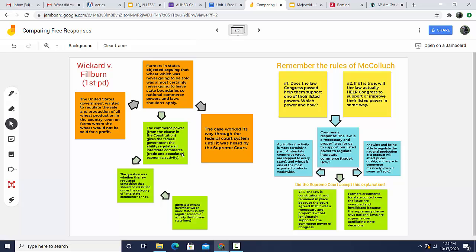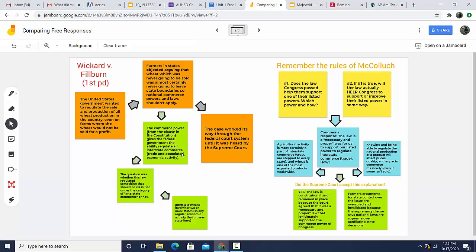So, in this case, Congress's response was, hey, this law that we passed, right, to regulate the sale and production of wheat in the United States is a necessary and proper way for us to support our listed power to regulate interstate commerce. How? Well, agricultural activity is most certainly a part of interstate commerce, right? Crops are shipped to every state, and wheat is one of the most exported products worldwide.